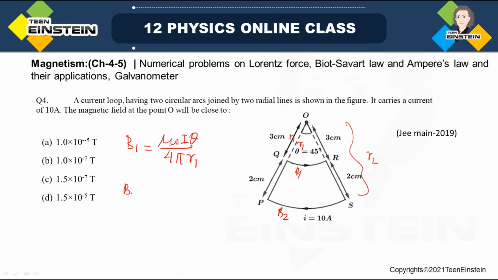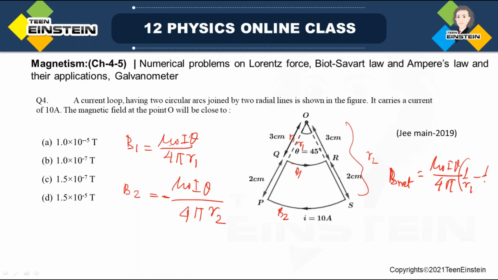Now this will be opposite to the magnetic field of this, so the net magnetic field will be mu0 I theta by 4 pi whole into 1 over r1 minus 1 over r2. So this is the formula.